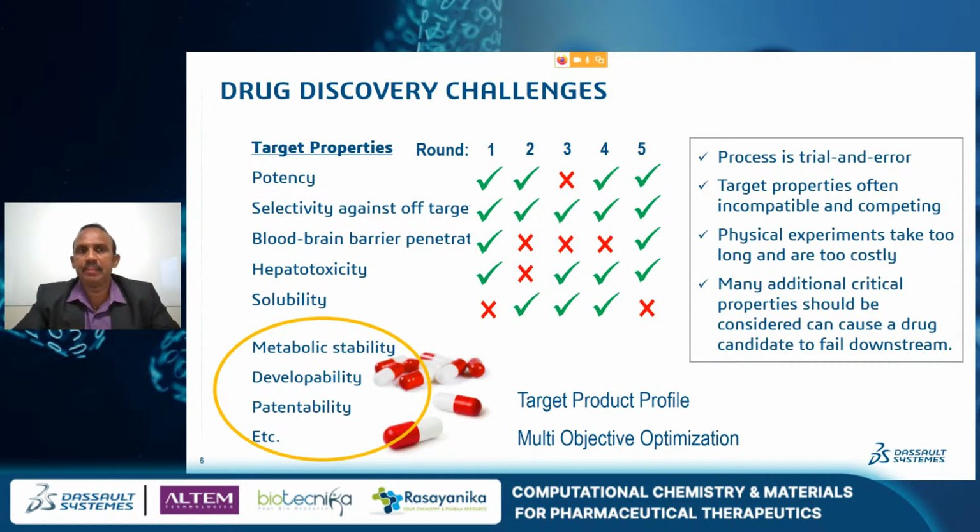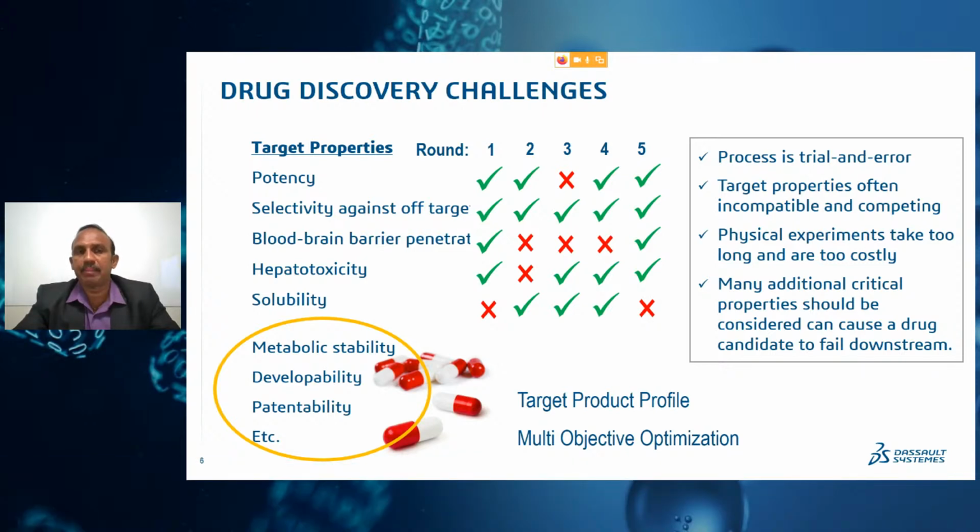It is not limited to these 4 target properties, but can spread across multiple other properties, like metabolic stability, developability, the ability to get patented, and synthesizability, and so on. So I create a target product profile based on multi-objective optimization. I am optimizing a set of multiple objectives here, and when I do this, I come out with a compound.